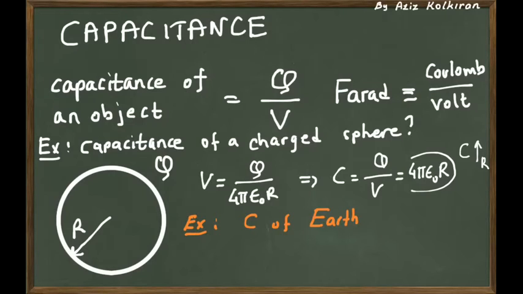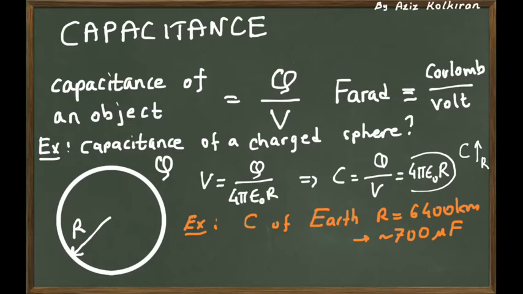What about the Earth? Well, the Earth is not a conductor, but again, if you think that the Earth's surface has some conducting material, you can calculate the capacitance of Earth. Its radius is 6,400 kilometers. Let's calculate the capacitance of a metal sphere the size of Earth, and that means 700 microfarad.